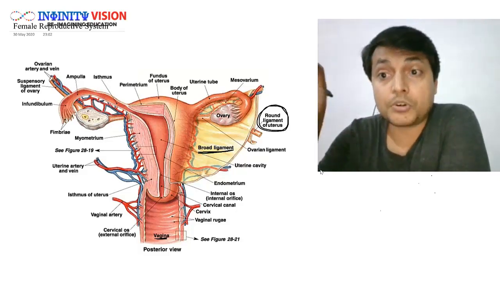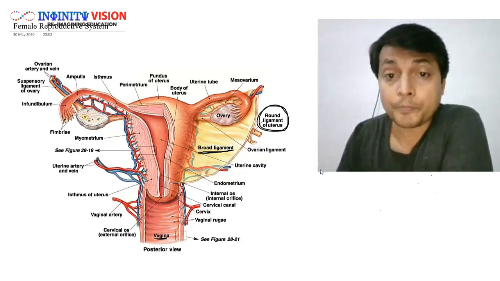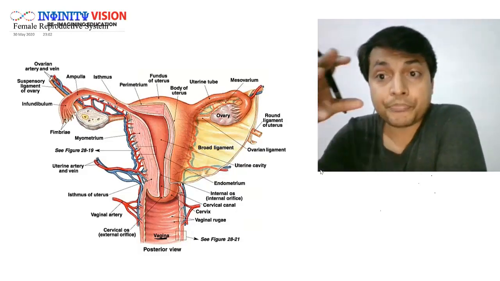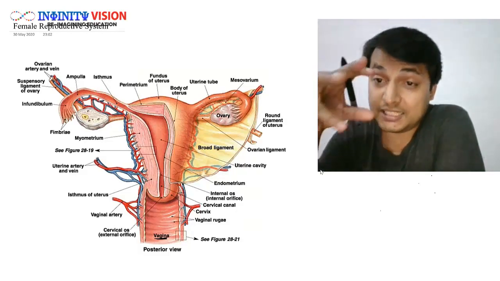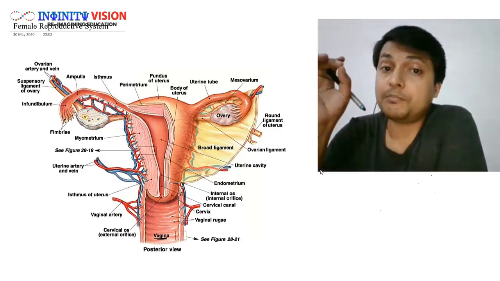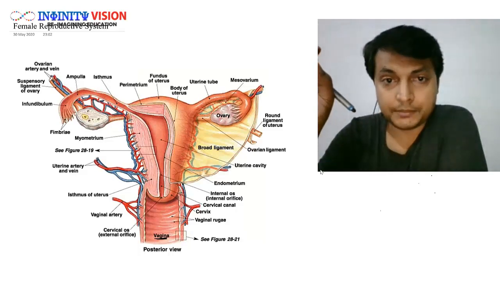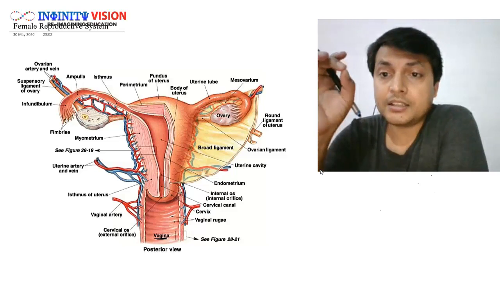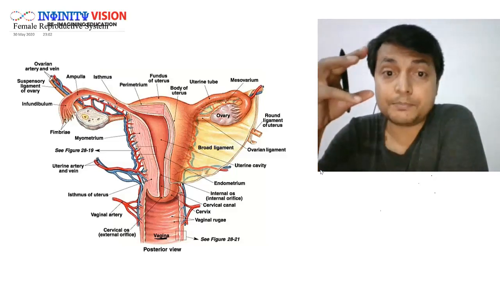So the moral of the story, the ovary is held at its position with the help of the round ligament and the broad ligament.